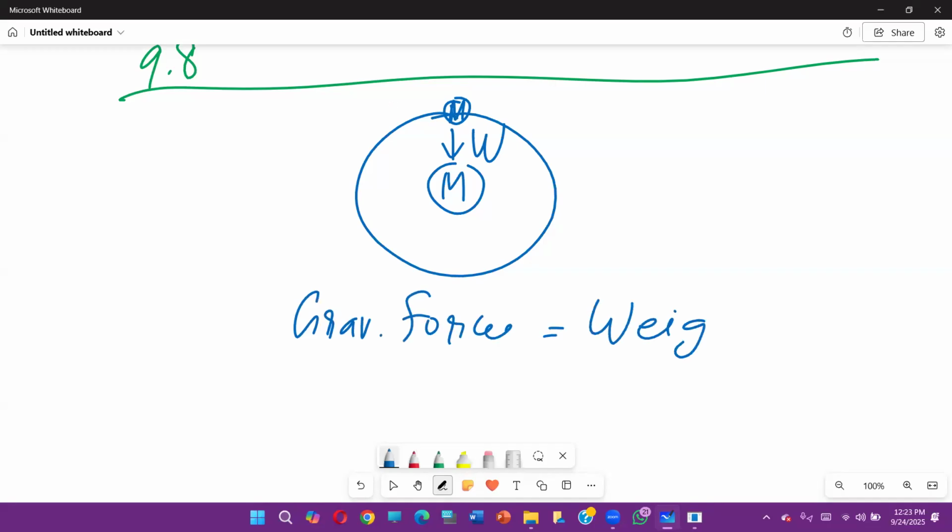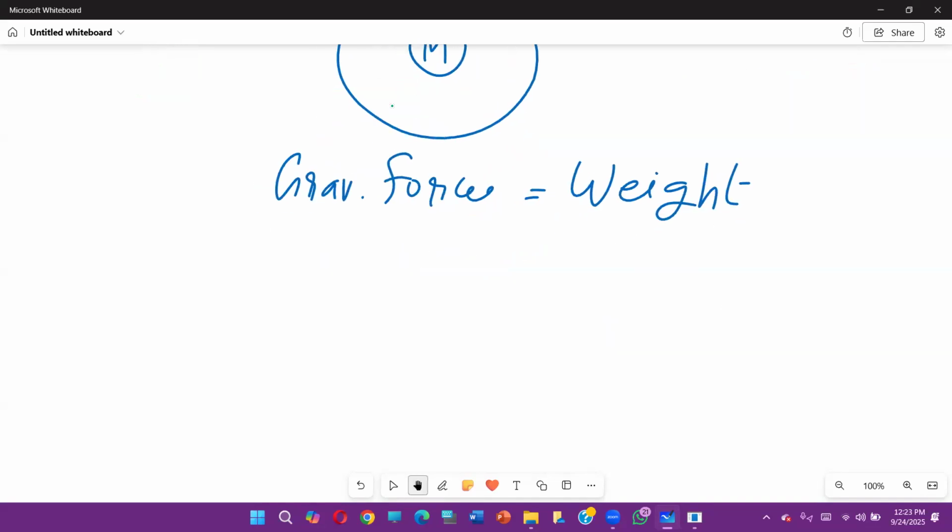gravitational force is equal to weight. This is a rare derivation. It doesn't come much. If you have done past papers, you know that in A2, they have some real favorites and some dislikes, like some topics come every other time. So how should I start the derivation? F is equal to GMm upon R square, and here mg.